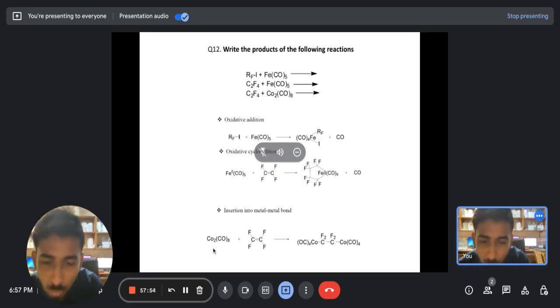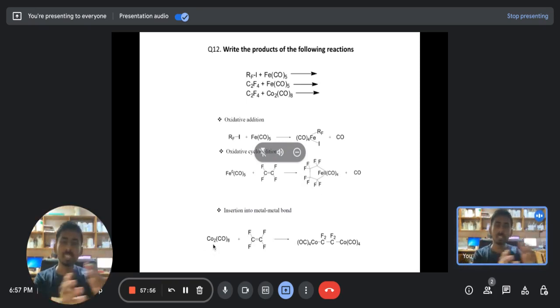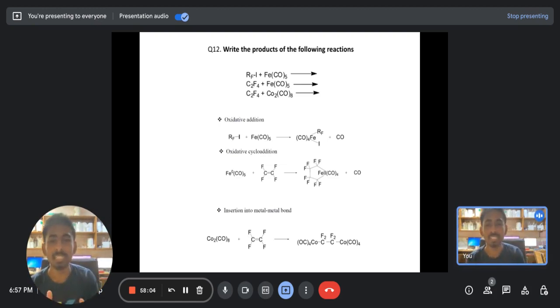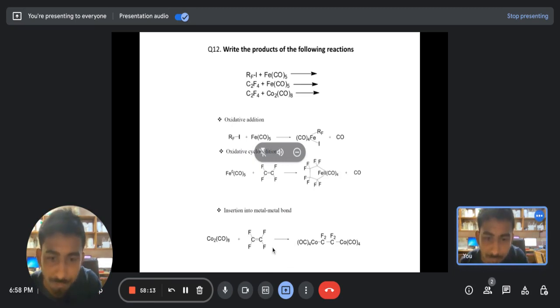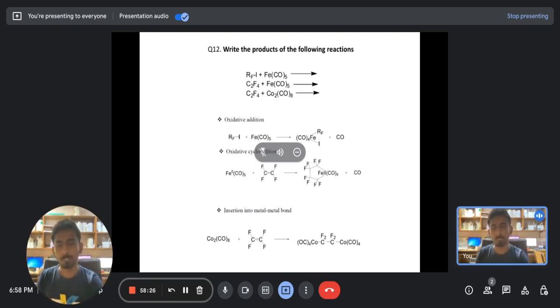But when the metal is actually cobalt, now cobalt is actually residing in the Irving-Williams series at the lower end. That's why the phi or the ionic potential of cobalt is quite high compared to that of the iron. So the energy required in getting inserted into a C-C bond, because the C-C bond breakage is not that easy, as I already told, because of its double bond nature and the fluorine atoms are actually stabilizing this system.